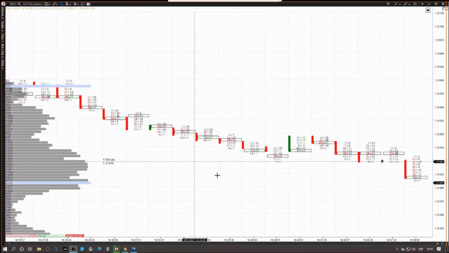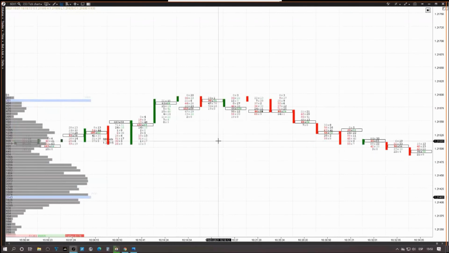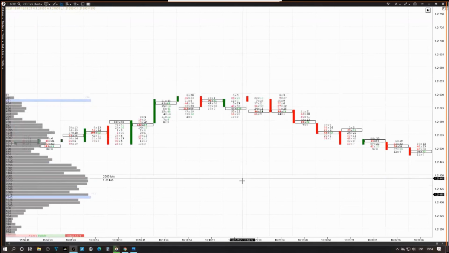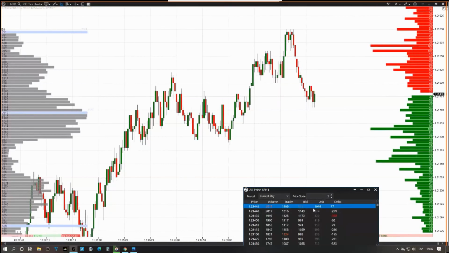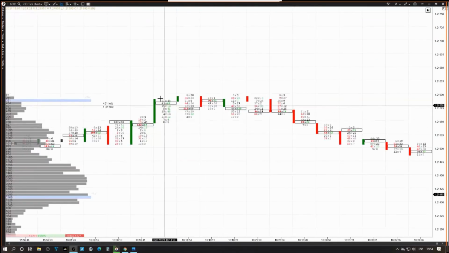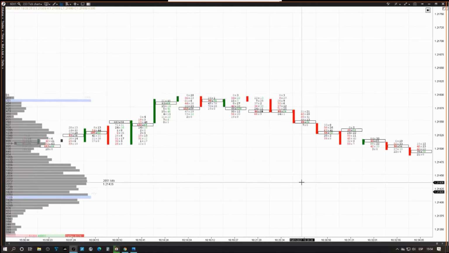Was this a stop loss being hit? Was this a trap? Everything is here. You can understand everything just by looking at these numbers. As I said before, that will take time to understand clearly, but it's not that complicated because, as I told you before, this is the bid and the ask printed inside the bars.